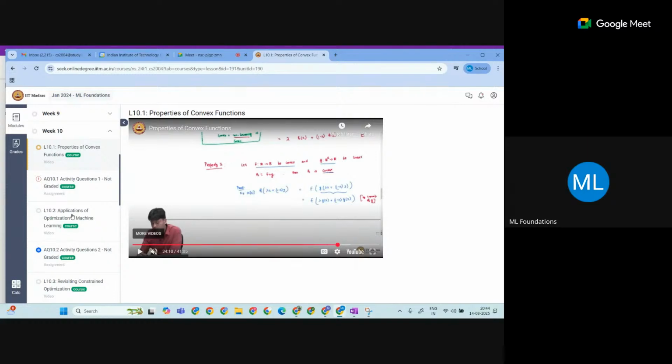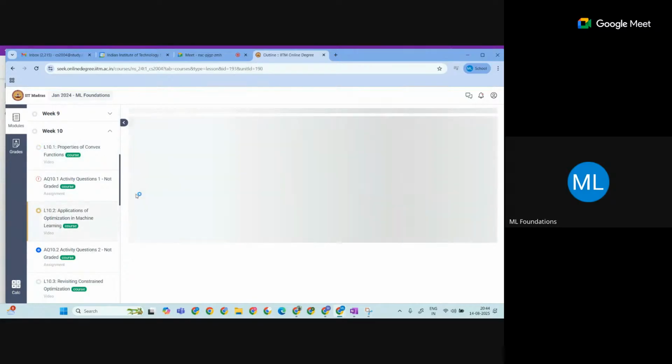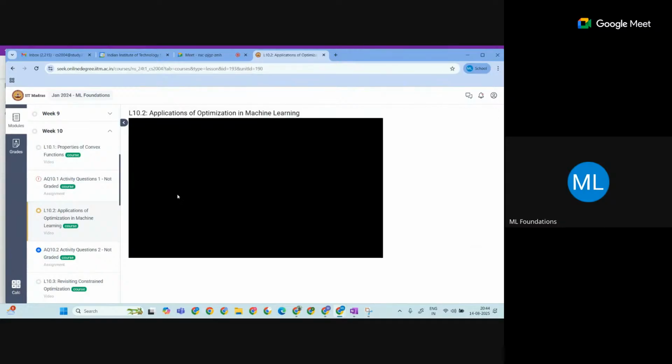linear regression. What is linear regression? We have seen linear regression many times, from week one. This is just a function that is a kind of linear.